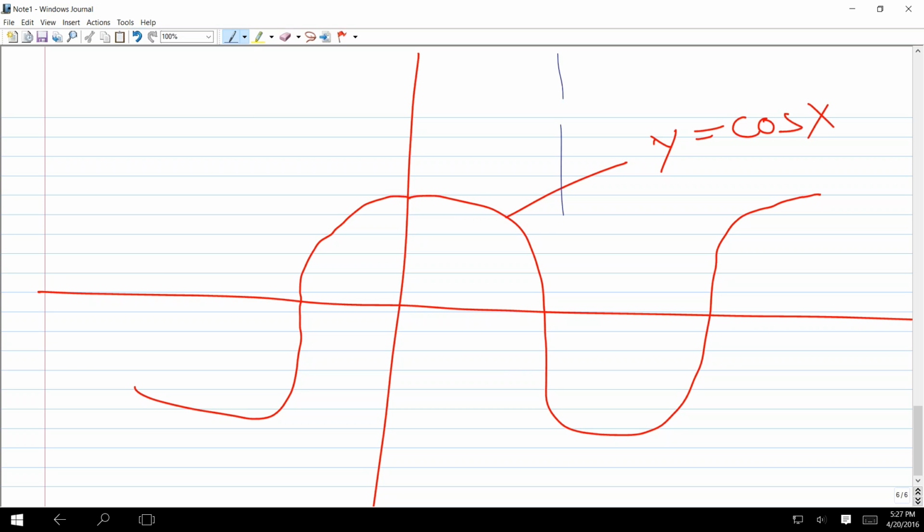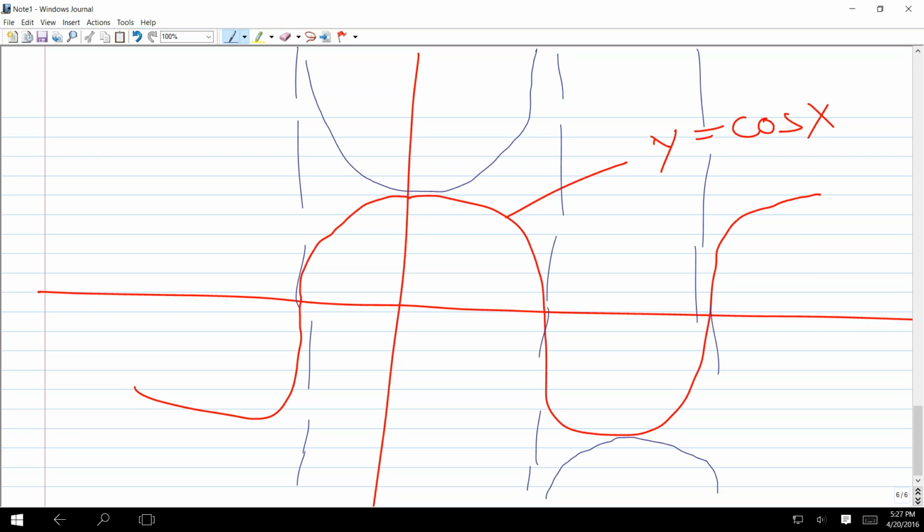So I've got to have a vertical asymptote going through there, and through there. And the secant curve is going to sit on the tops and the bottoms of my cosine curve. I have another asymptote there. Wherever cosine is equal to 0, secant has to be undefined.